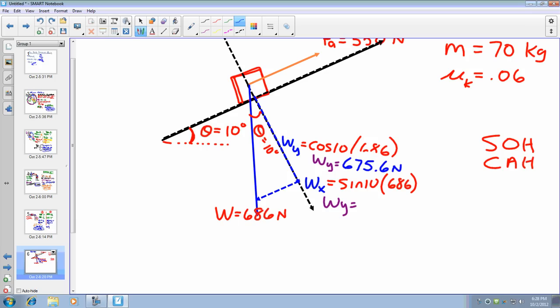I mixed up my computations here on my calculator. And my value for my weight in the x component is going to be 119. Sorry for that little mix up there.